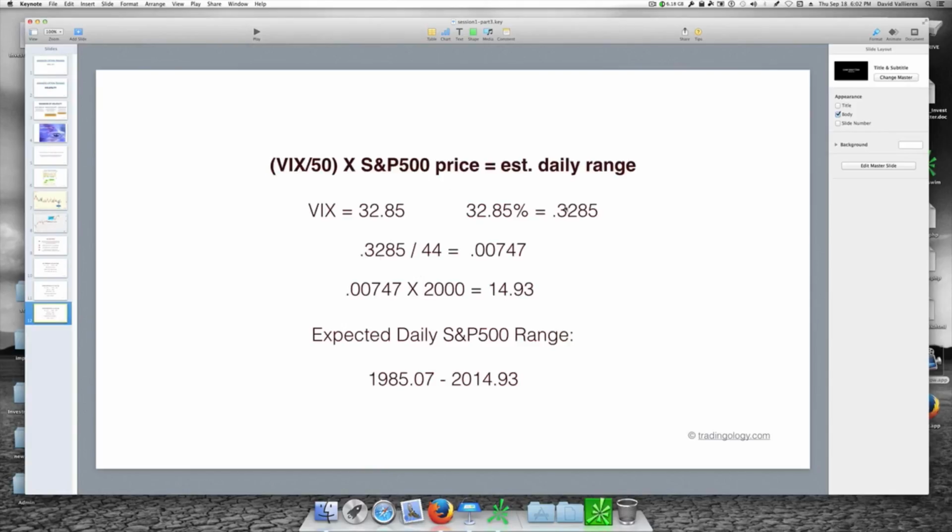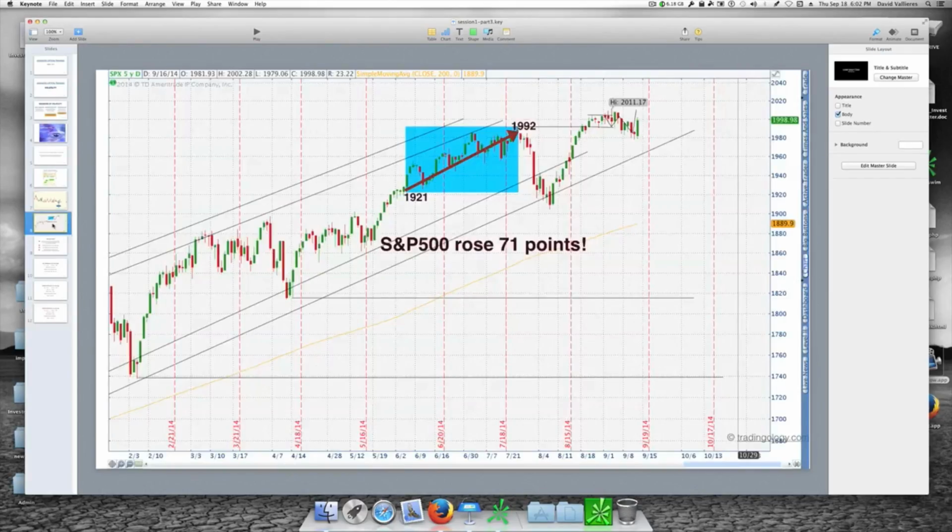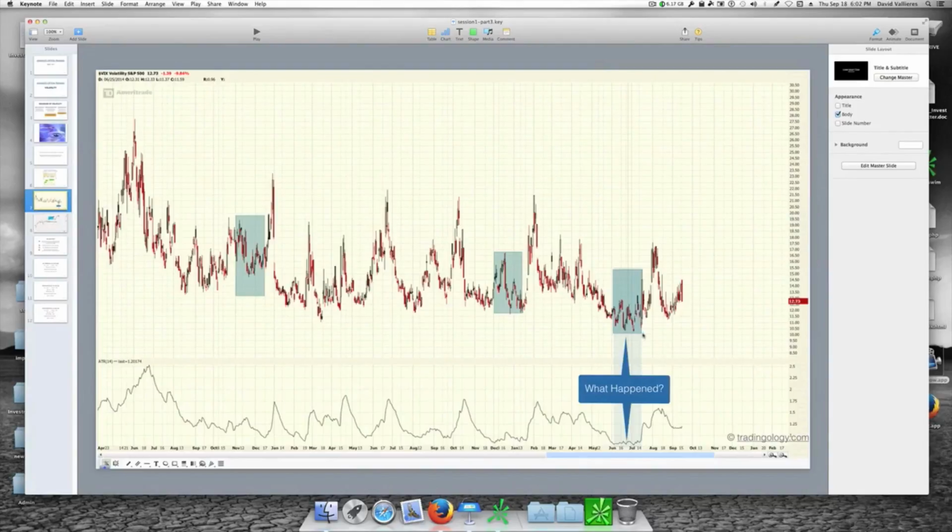So this not only helps you with your trading, but it also helps us when we're determining when to put on three-legged spreads. So let's go back to this example for a second, because when we look at the VIX in this time period, we would say, okay, it looks like volatility is low. We would expect the market to go higher.